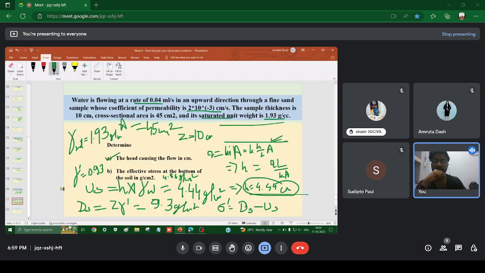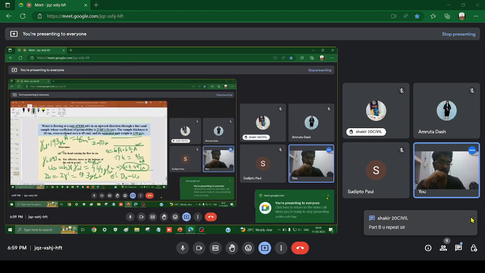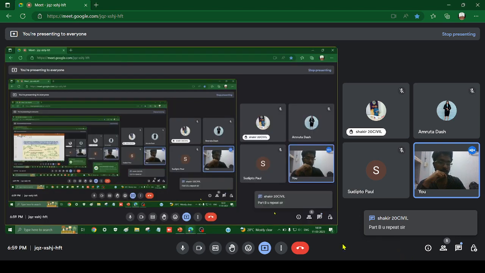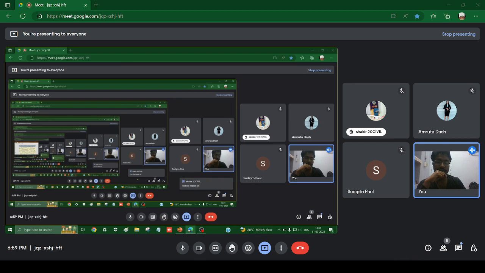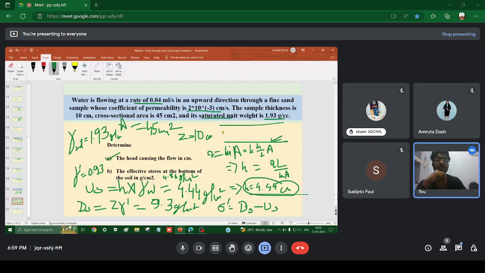I have taken submerged weight over here because this soil is saturated. This soil is saturated with water flowing upward. Yes, I have taken the submerged weight because this soil is saturated, and the water with which it is saturated is flowing in an upward direction. So saturation will not have any effect on the effective pressure.